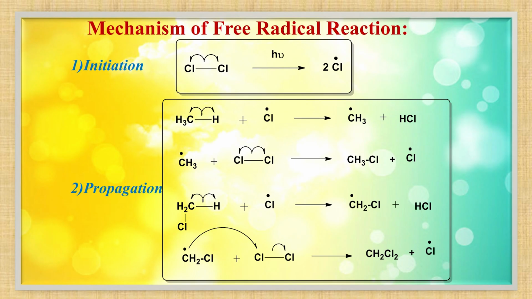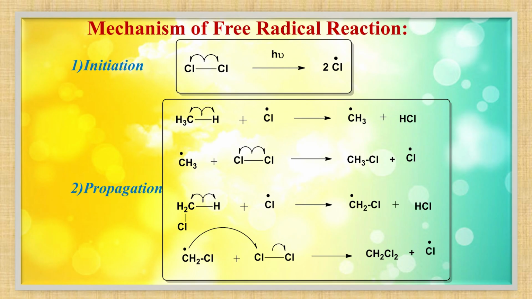Then each chlorine free radical attacks a hydrogen atom of methane, replacing the hydrogen and preparing a new free radical, CH3 dot, called methyl free radical. This methyl free radical will now attack Cl2 to form CH3Cl and one more Cl free radical. These two steps are called propagation.